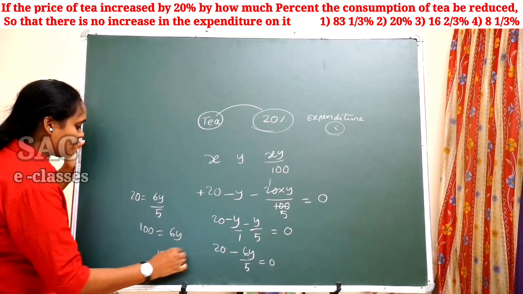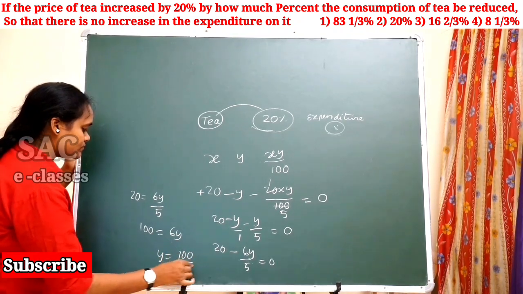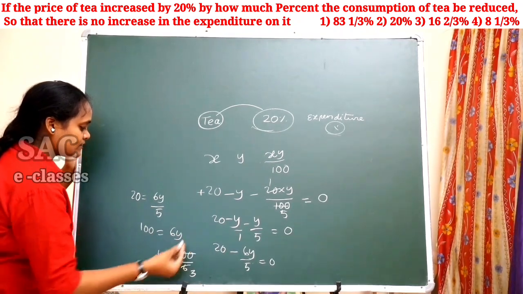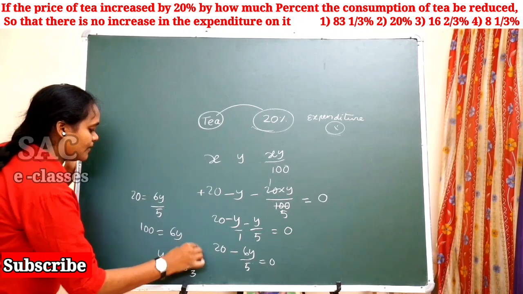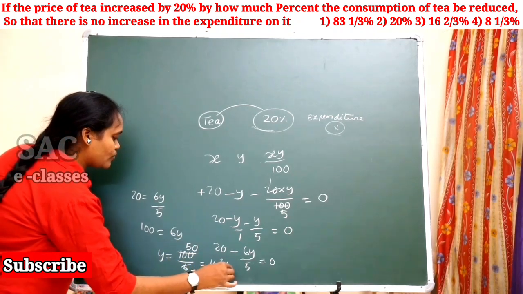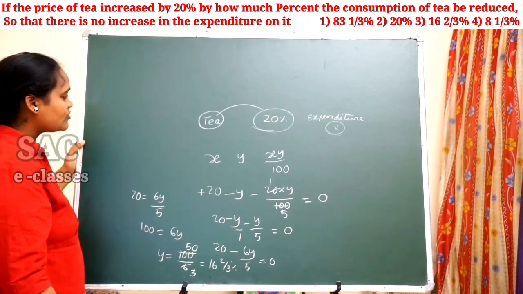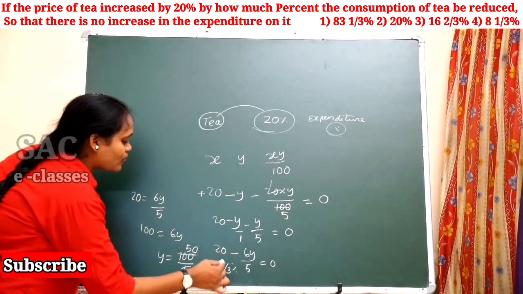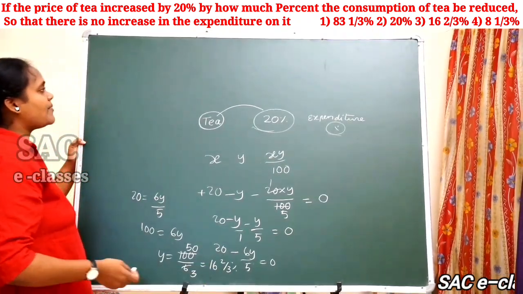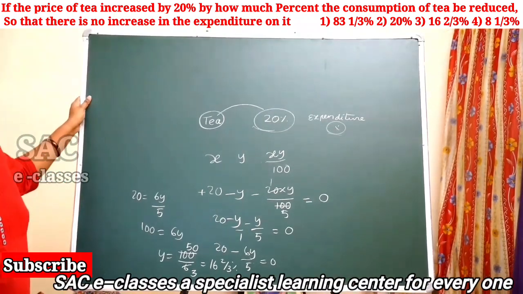Then y is equal to 100 by 6, which is 50 by 3. 16 2 by 3% is the change. We got 16 2 by 3 as the answer. So option C is the correct option.